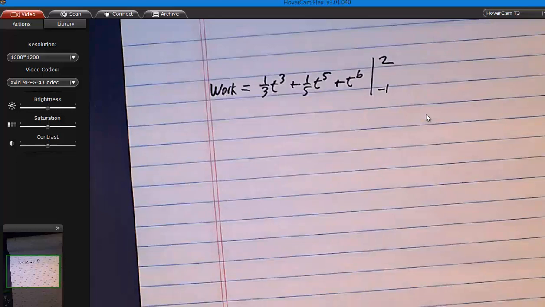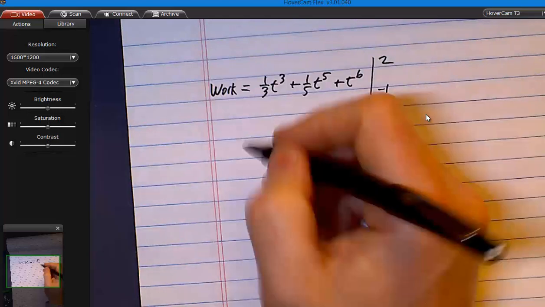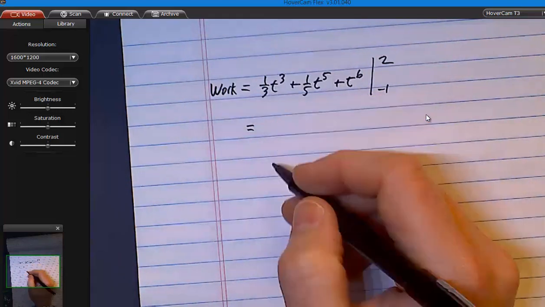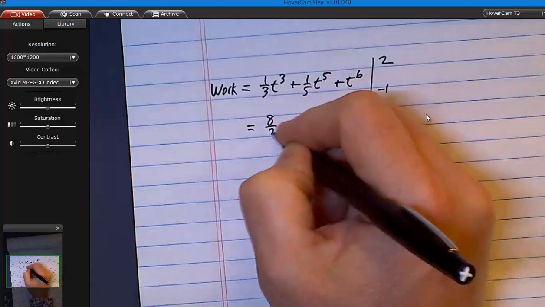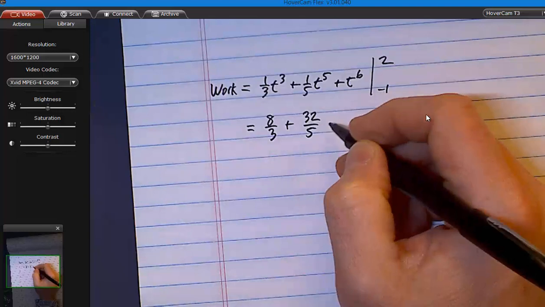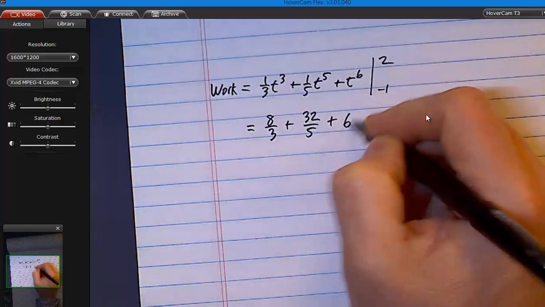Plug in the 2 and I get 8/3 plus 32/5 plus 2 to the 6th, which is 64.